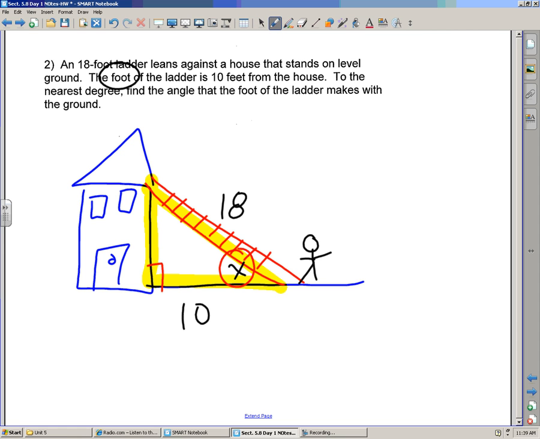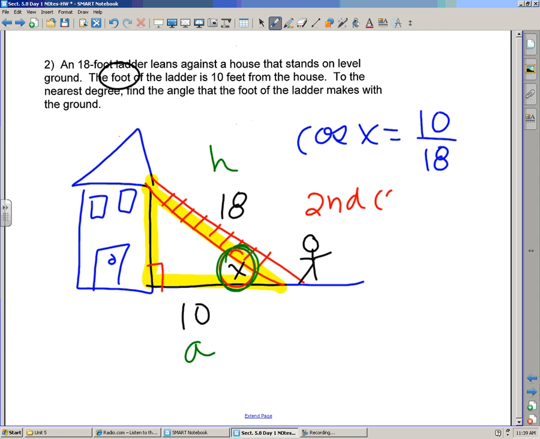We've got an adjacent side at 10 and a hypotenuse at 18. Using our trig functions, we know this is a cosine. So the cosine of x is the adjacent over the hypotenuse. Remember, this is looking for an angle measure, so on your calculator you're typing in the second cosine, and you come out with x being 56 degrees.